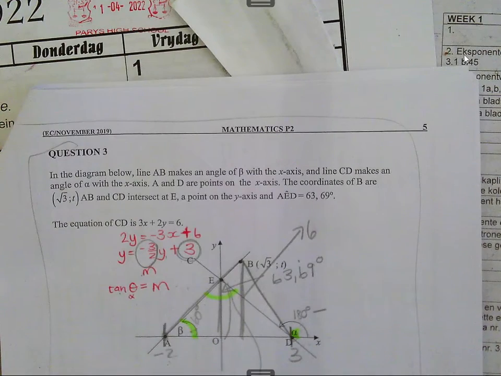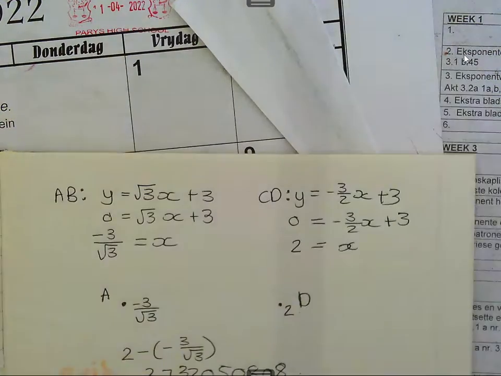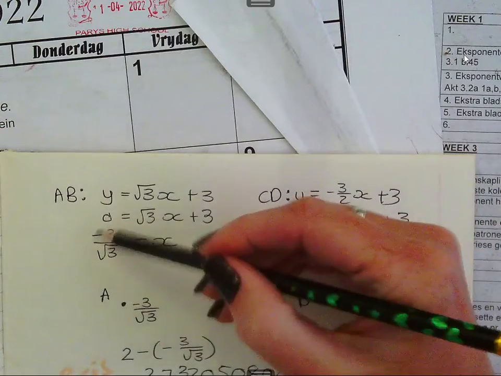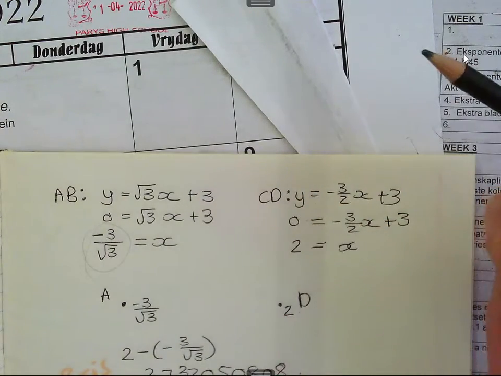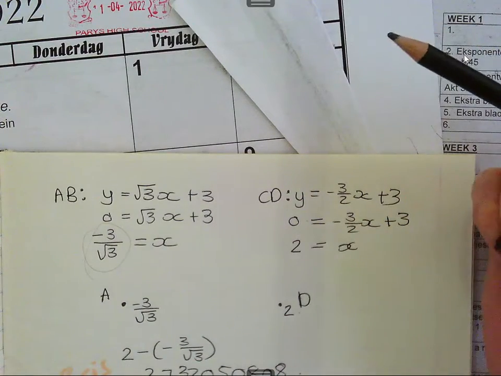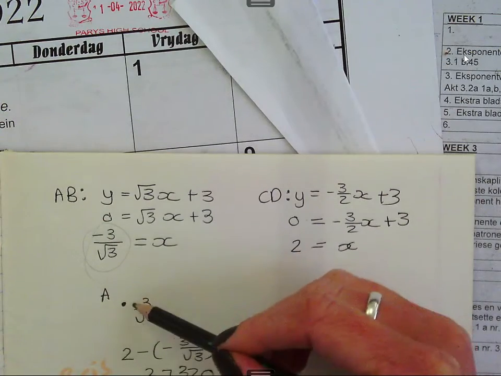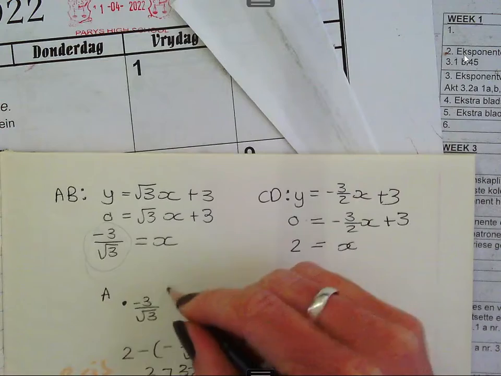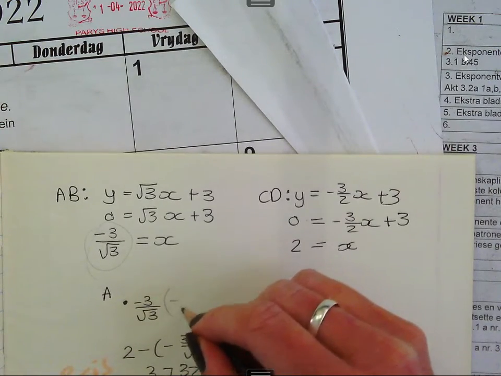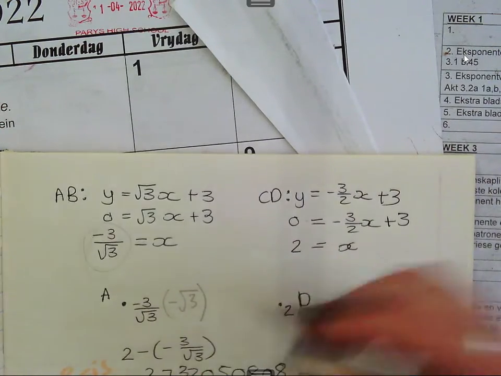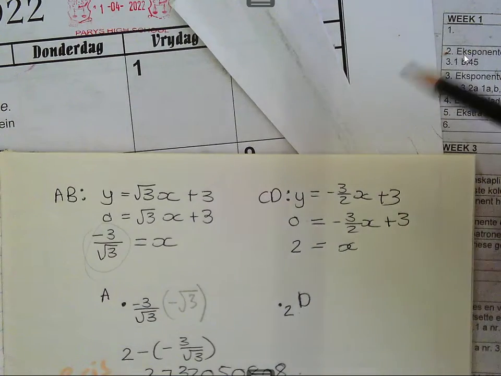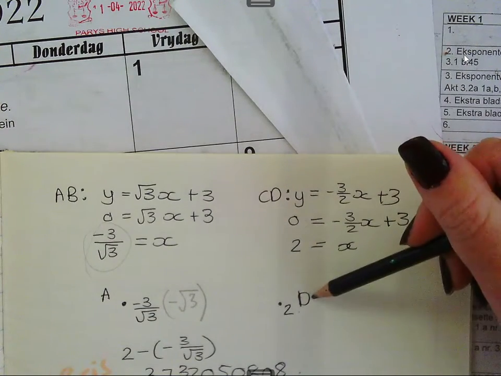Okay. Now what made this sum a little bit more difficult is because this answer is now in surd form. So that A value, the x value, is negative 3 over root 3. If you use the calculator, they got negative root 3. It's fine as well. And then D is 2.